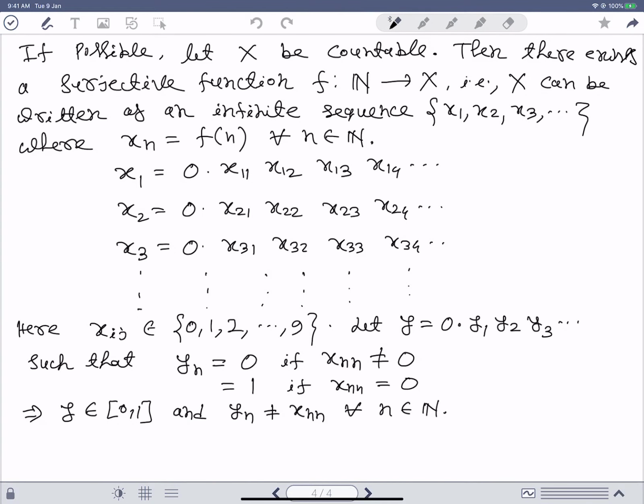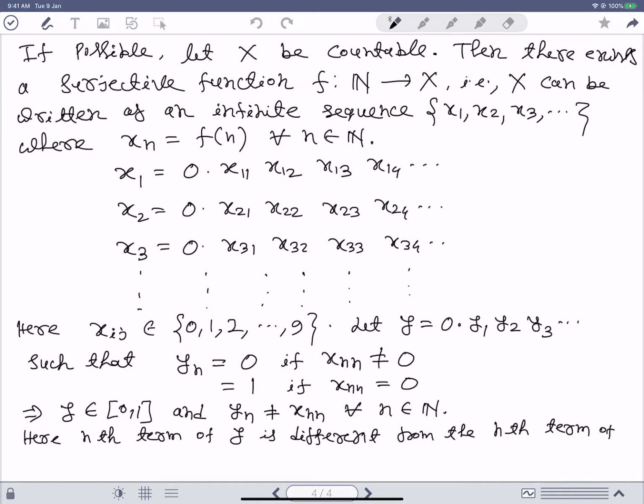Therefore, if y is equal to some xn, then all the terms should be the same. But here the nth term of y is different from the nth term of xn, and this is true for all n.